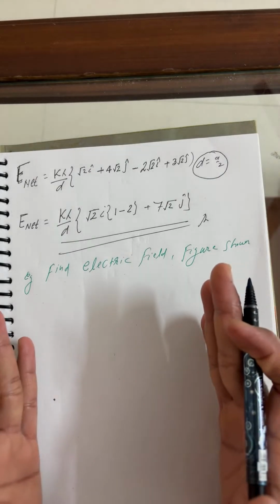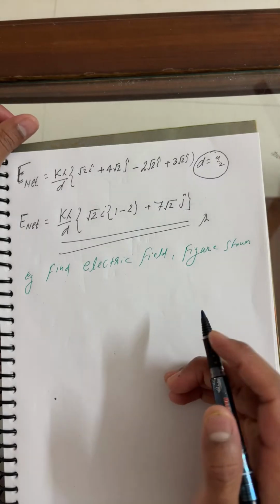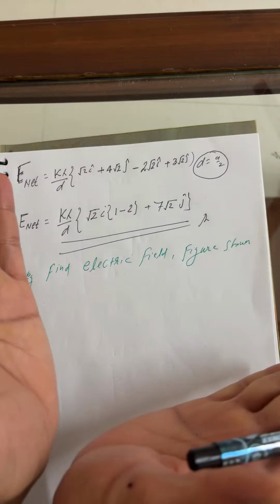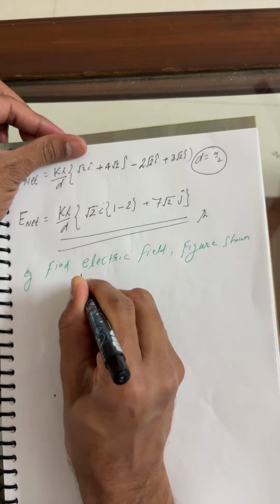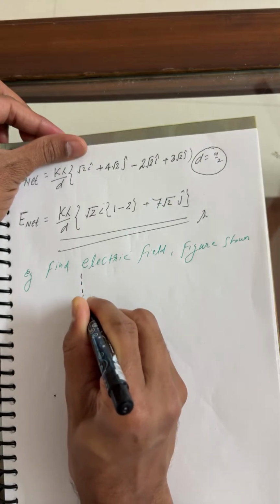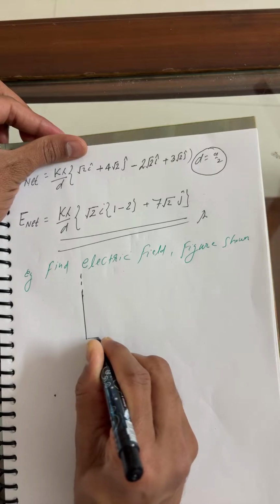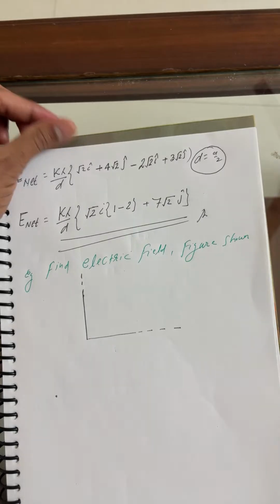Basically we have an infinite wire. Let us suppose this is the infinite wire, but it is bent in the shape of L. You can take consideration like this.